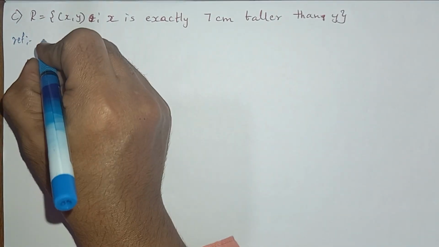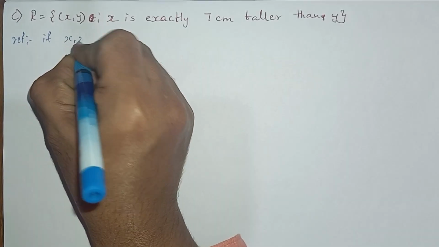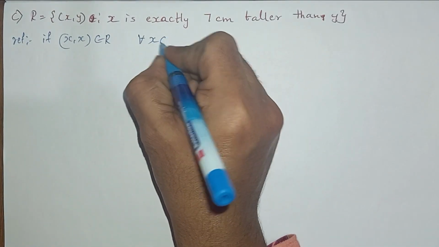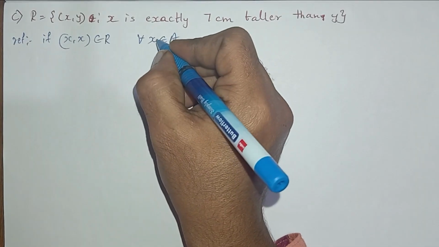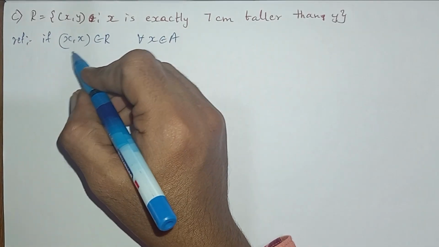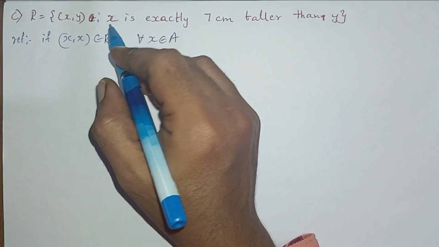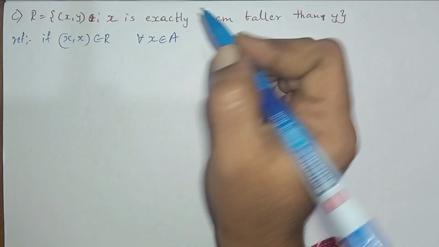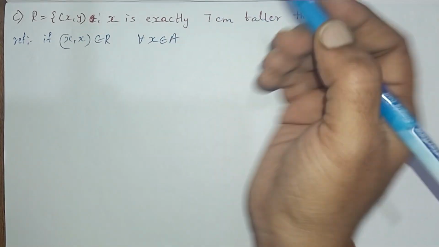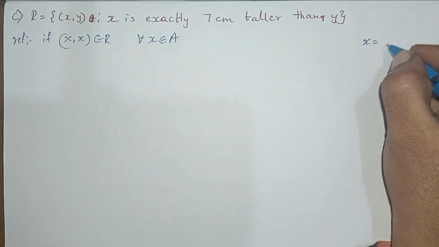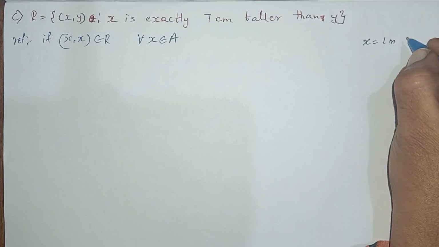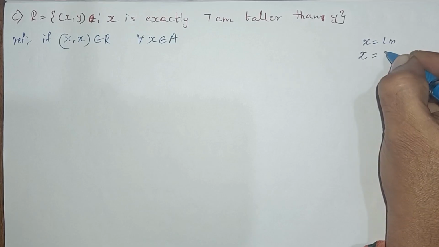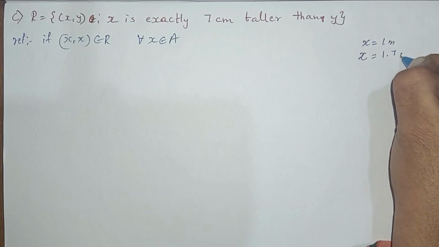Reflexive says that (x, x) belongs to R for every x belonging to A. So for every element x we should have (x, x) belongs to R. Here, a person x cannot be 7 centimeters taller than himself. If a person x is 1 meter, then the same person x cannot be 1.7 meters.